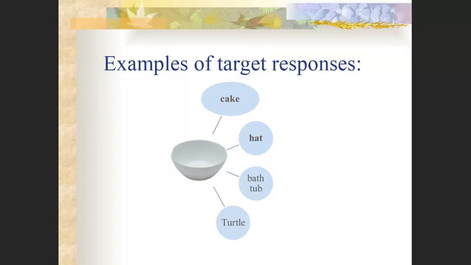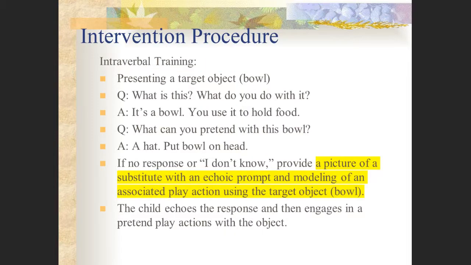The intervention will include, say, cake, hat, bathtub, and turtle. So we present pictures of different substitutes to prompt the child to use the ball to substitute these 4 different items, and to perform the actions of these 4 different items during the instruction.